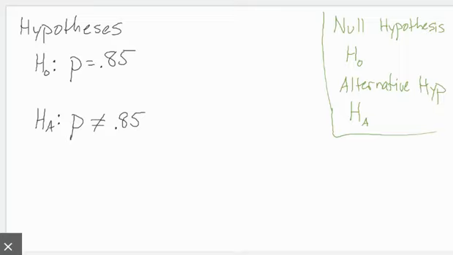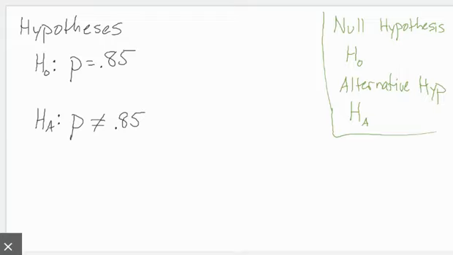Now, you don't have to write this down. This does not have to be written when you run a hypothesis test. But one thing that I have gotten into the habit of doing is writing down a sentence or a phrase that tells me what these mean.